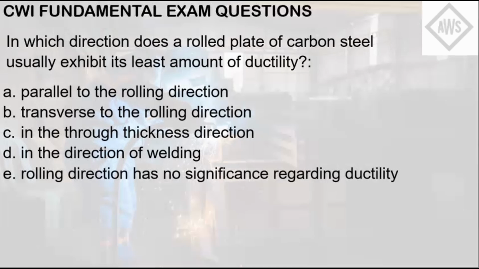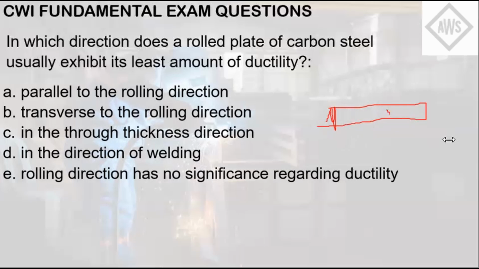So this occurs in the through thickness, or the z-axis of the plate, meaning the thickness of the plate. The alignment of grains and inclusions such as sulfides and silicates make it susceptible to lamellar tear.